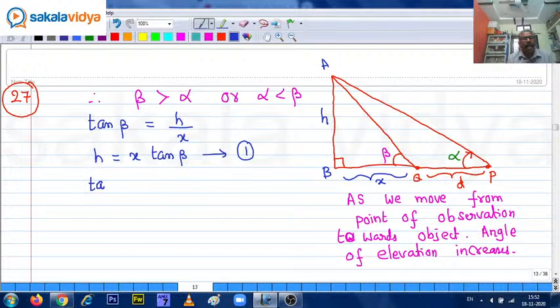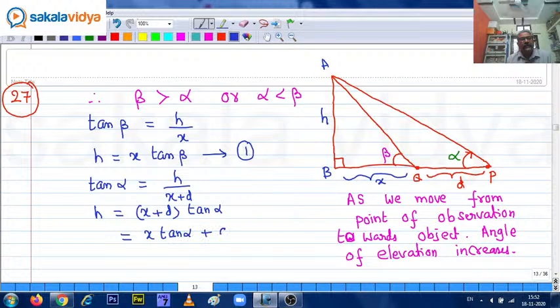Tan alpha is h by the total length x plus d. So h equals x plus d into tan alpha, which is x tan alpha plus d tan alpha.